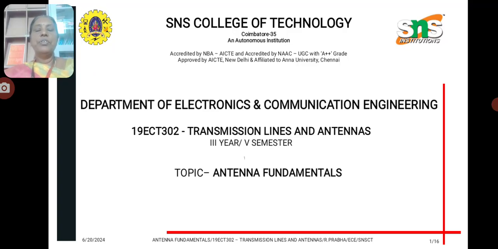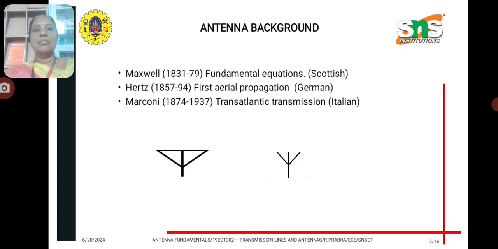In this video, we are going to see the topic Antenna Fundamentals for the course Transmission Lines and Antennas. If we see the antenna background, we know Maxwell created the fundamental equations, and there are four Maxwell's equations, and Maxwell proved the existence of electromagnetic waves.